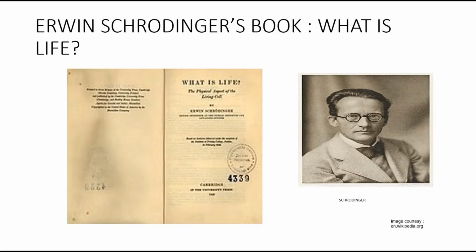In the book, Schrödinger introduced the idea of an aperiodic crystal that contained genetic information in its configuration of covalent chemical bonds. In the 1950s, the idea stimulated enthusiasm for discovering the genetic molecule DNA.